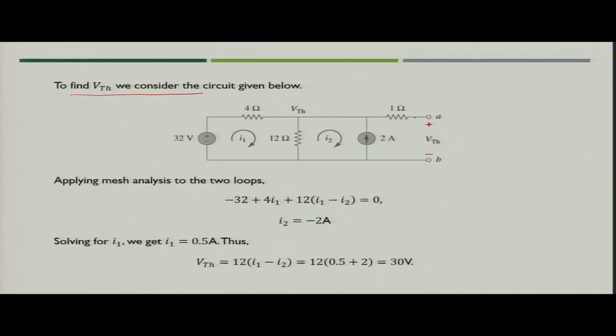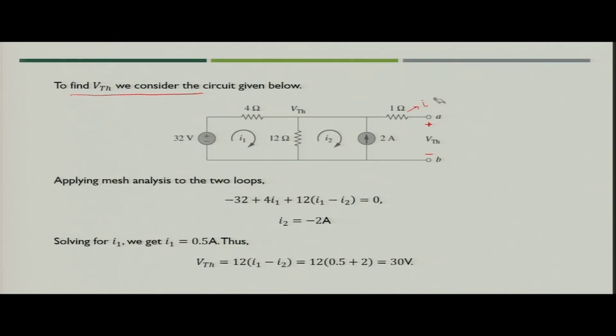Now, the important thing which you need to see from this particular circuit is that there would be no current flowing through this particular resistance, because the terminal AB is open circuited.